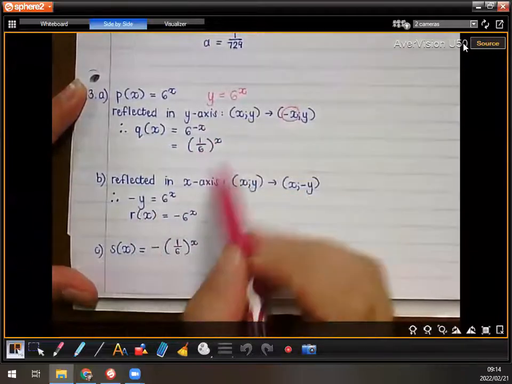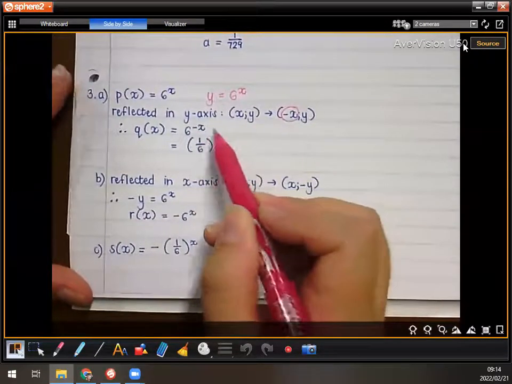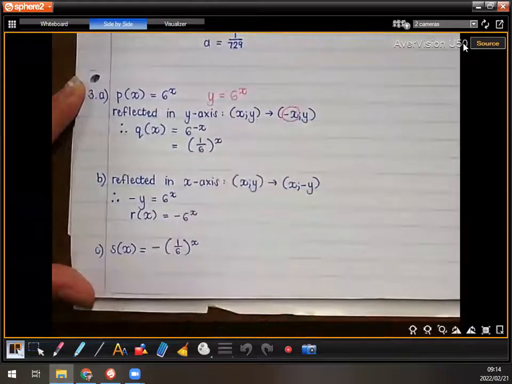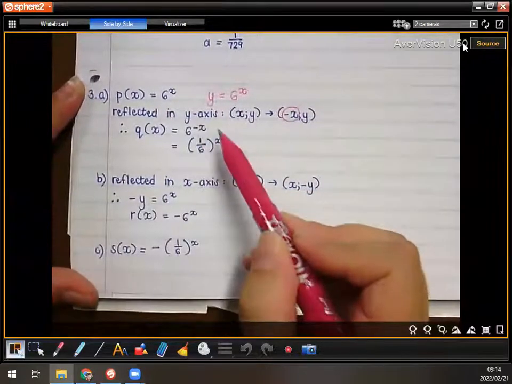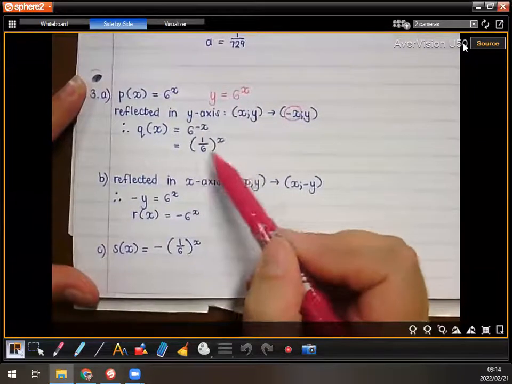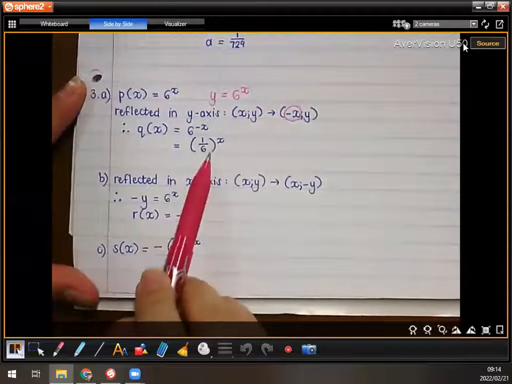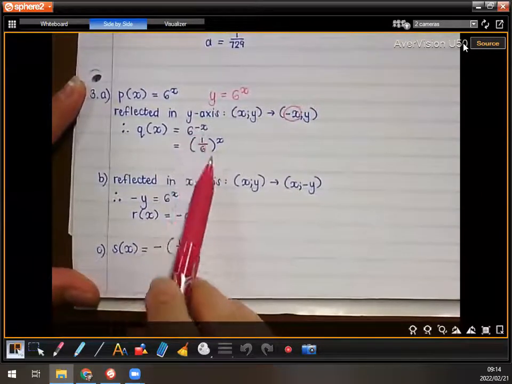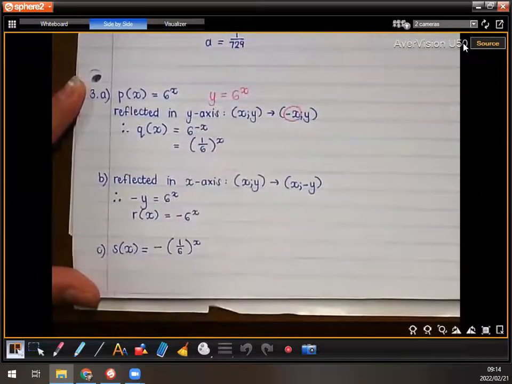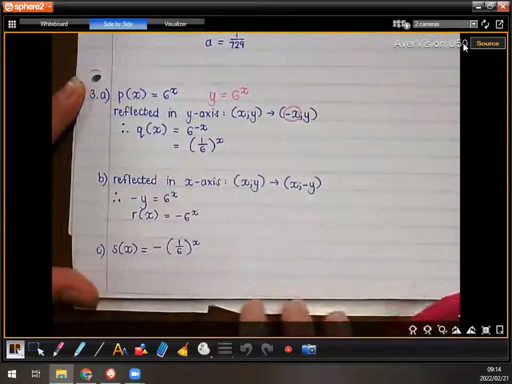Okay, so that is what you do in the equation. Guys, remember in a test or exam, they always say you must leave your answers with positive exponents. So you will have to change this to 1 over 6 to the x. So you're not allowed to leave it like that, please. You have to change that 6 to the negative x to 1 over 6 to the x. Any questions on this one?